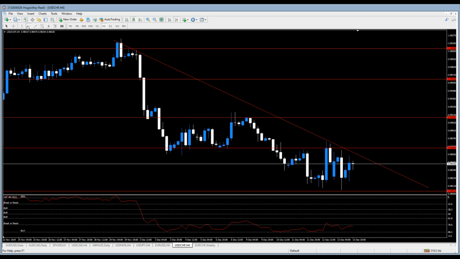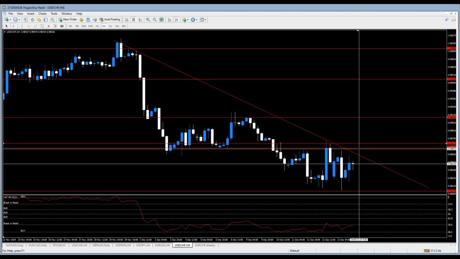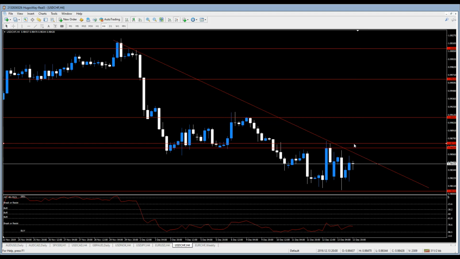So once price hits this area, right, then I'm going to end up putting my stop loss about a couple pips, right? So like 7 pips. I would usually want to do about 5 pips.